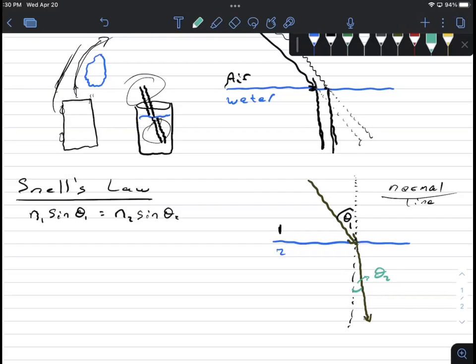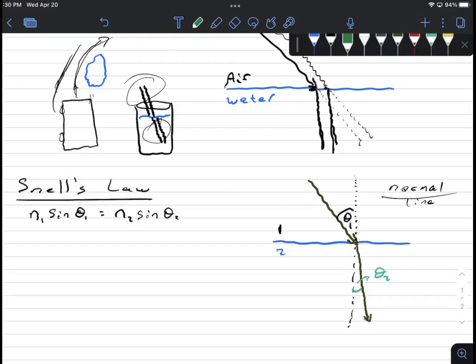The angle has changed. The light has bent, and we say it's bent towards the normal in this case, but it can bend the other way too. So that's the picture. That's what you should visualize in your mind when you see Snell's law. The one stuff is where you're starting. The light's coming from that stuff. And the two stuff is what the light is trying to make it into.